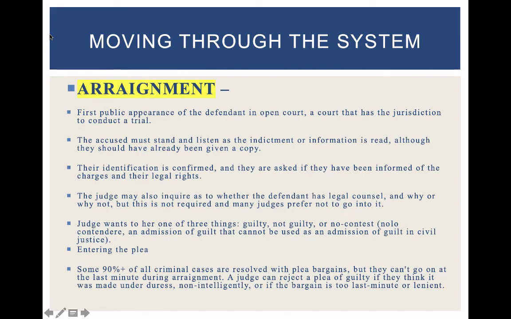And if the grand jury sends down a true bill, which means they think there's enough evidence to move forward, they're going to set an arraignment.